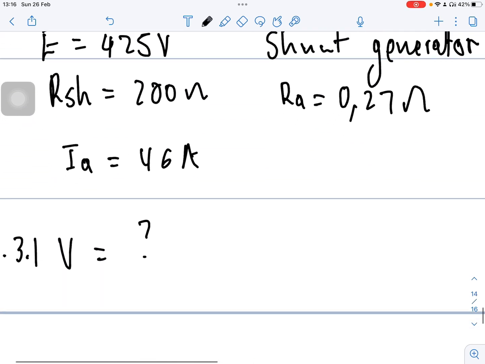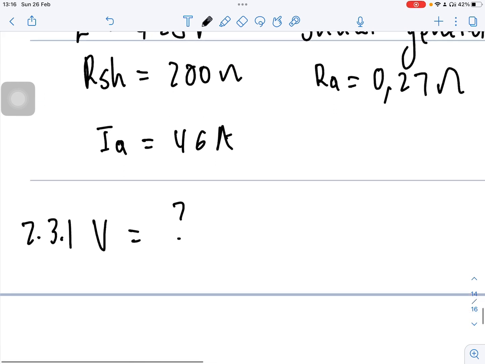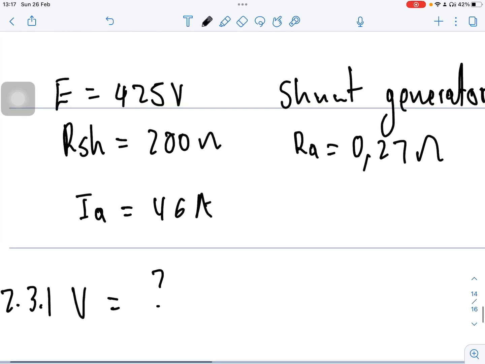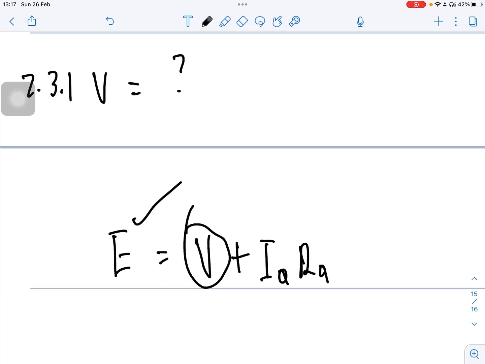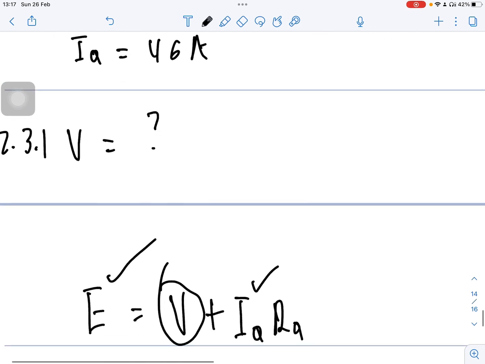you look at what do I need to get this terminal voltage. I am given the EMF, I am given the armature current, I am given the armature resistance.